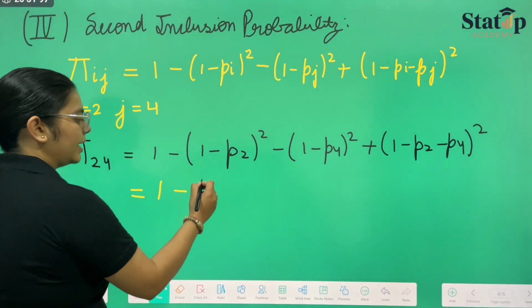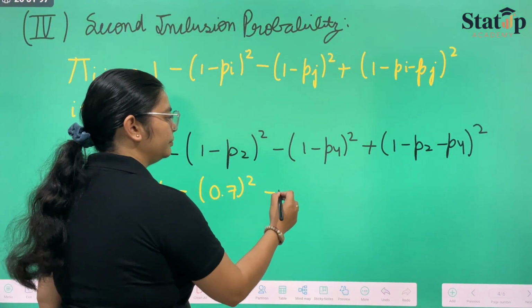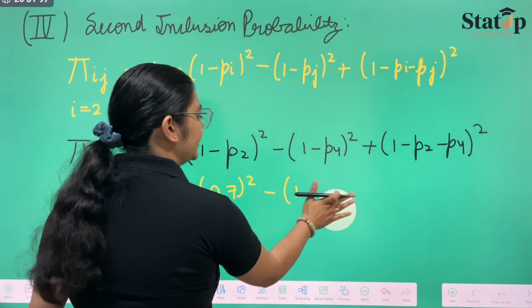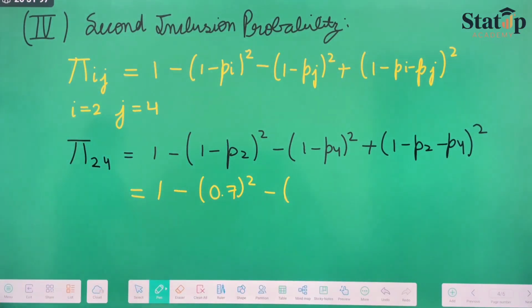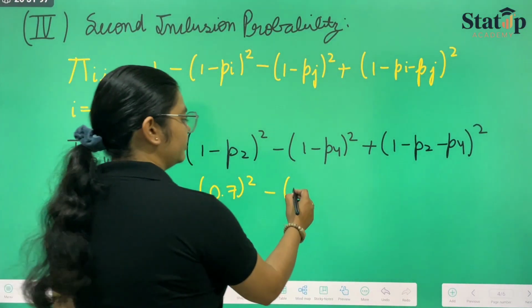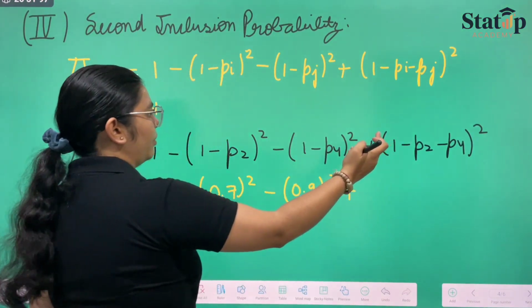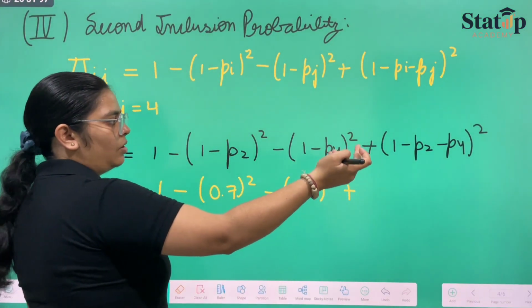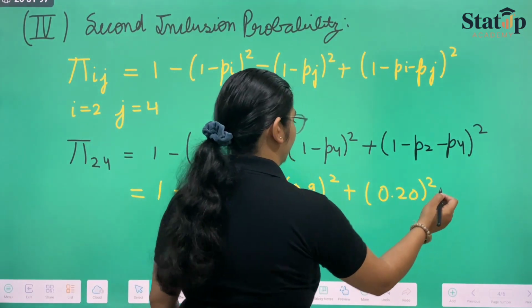So it will be 1 minus (0.7) whole square, minus (1 minus 0.10, which is 0.9) whole square, plus (1 minus 0.70 minus 0.10, which will be 0.20) whole square.